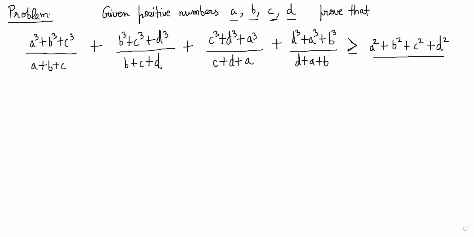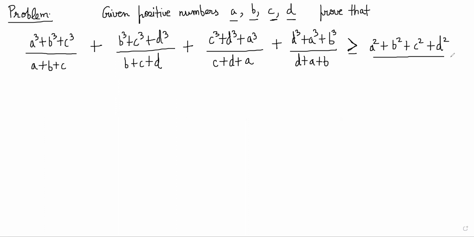The first thing that I would like to see here is that all of the terms are symmetrical. There are three out of the four terms a, b, c, d in each of them, right? So there is a clear symmetry in the LHS, and the RHS also is symmetrical. So I want to use this symmetry somehow.